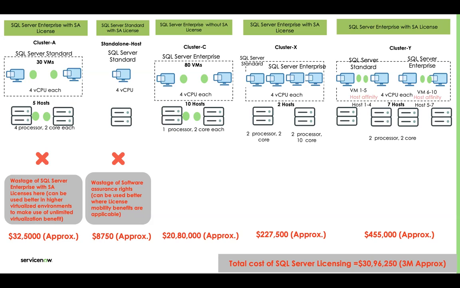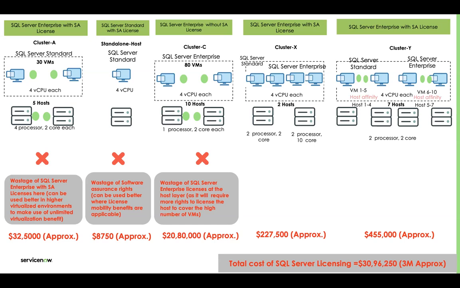So it makes more sense to use this license on a cluster where there are a number of VMs moving across, because then you could have used your license mobility benefits. Again, on cluster C, you have used your SQL Server Enterprise without SA license here, which is again a wastage of license, because if you license the host layer here, you get the rights to use 10 VMs.